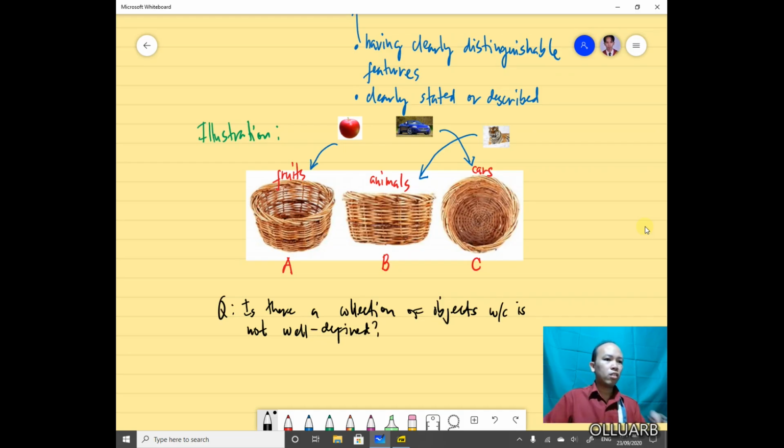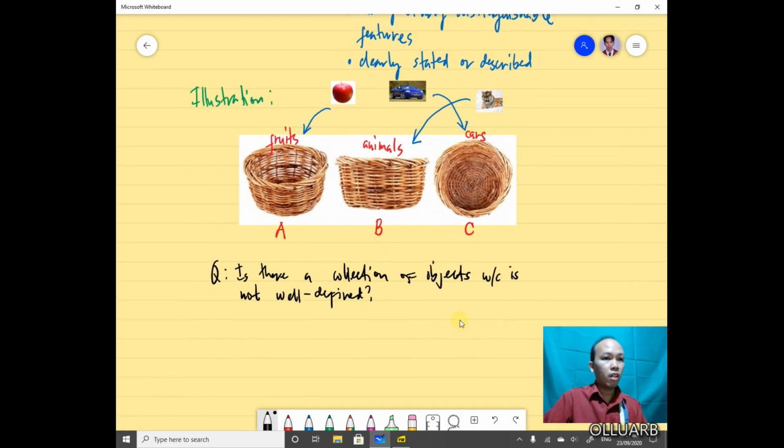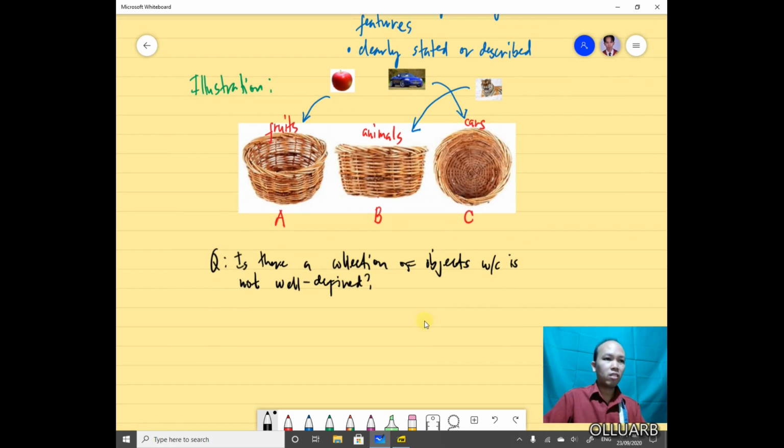Okay, so the answer is of course yes. So let's have an illustration here.